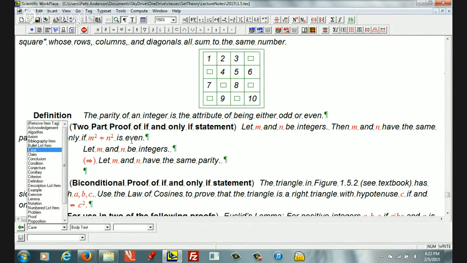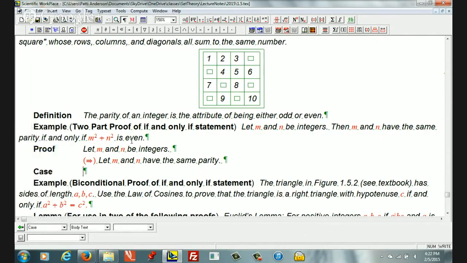So case one. M and n are both even. What does it mean for m and n to be even? By applying, yeah, that's a shortcut of that word.